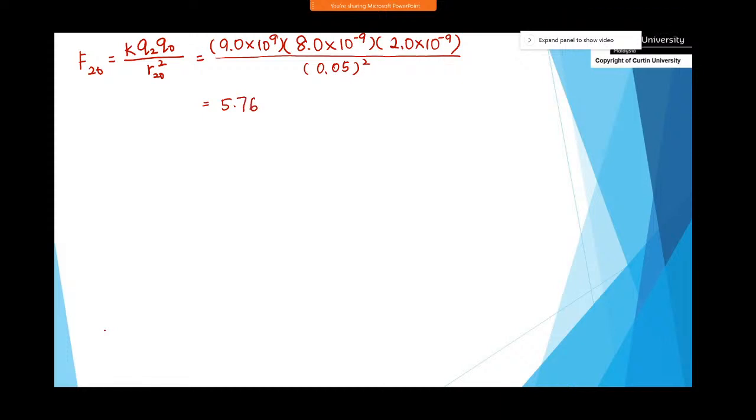And we get 5.76 times 10 to the power of negative 5 newton. Okay, so this is our step 2.